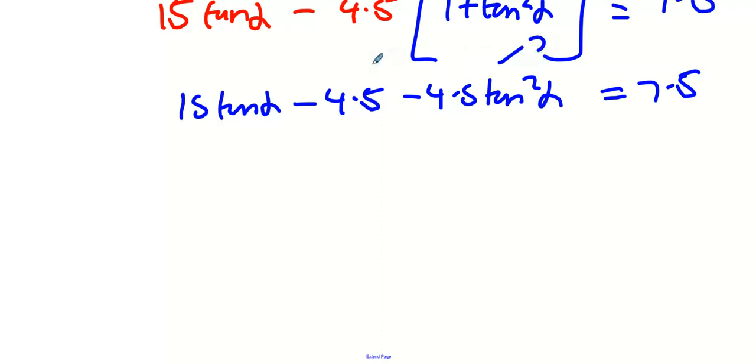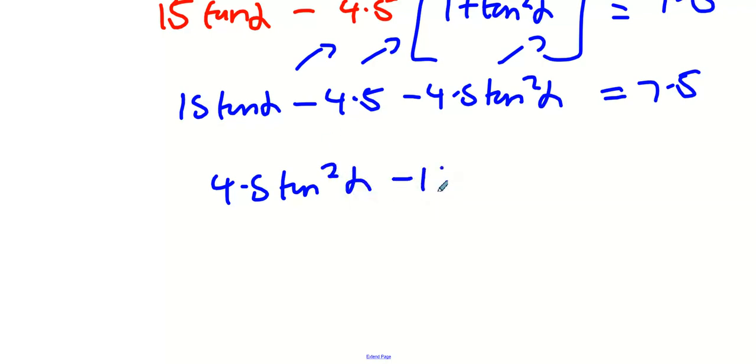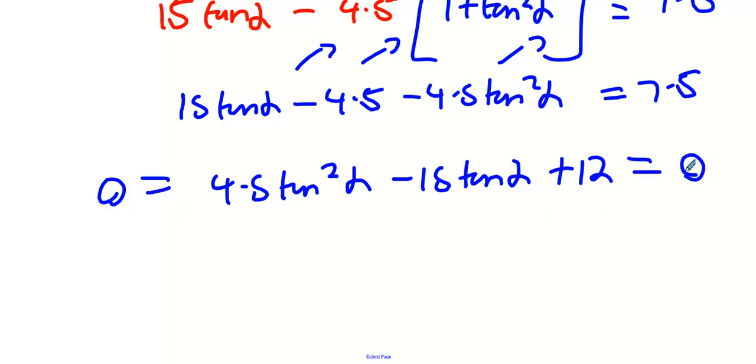I'm going to move everything to the right. And I'm going to get a 4.5 tan squared alpha, I believe, minus 15 tan alpha. 7.5 plus 4.5? What's that, 12, is it? 12 equals 0, or 0 equals, whichever way you want to write it.